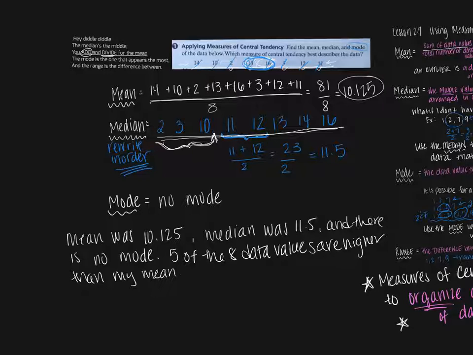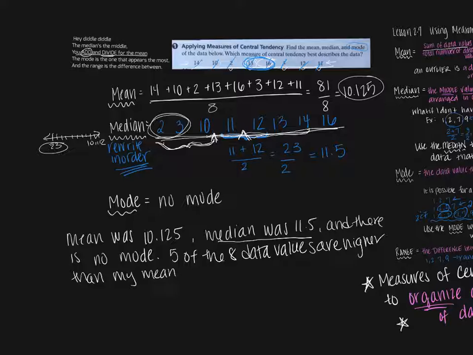Let's look back here. 10, 11, and 12 are kind of close. 10, 11, 12, 13, and 14 are pretty close. 2 and 3 are way out here. If I'm thinking about this on a number line, I've got 2 and 3, and then 4, 5, 6, 7, 8, 9, 10, 11, 12. I've got this huge gap in between. So these are my outliers. If they're my outliers, maybe mean isn't the best. My median was 11.5. That puts me right squarely in the middle of my data points.